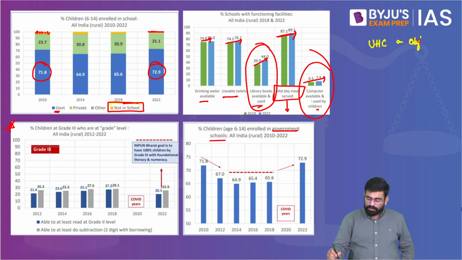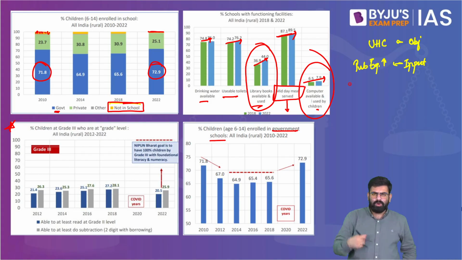To achieve this objective, one of the inputs was an increase in public expenditure, that the government spends more on healthcare facilities.